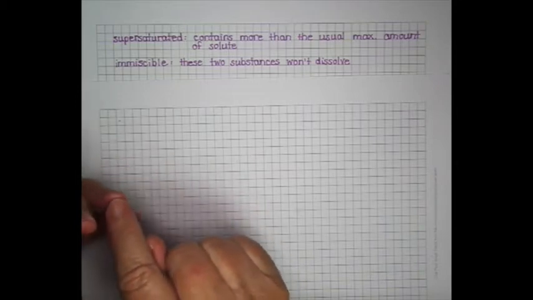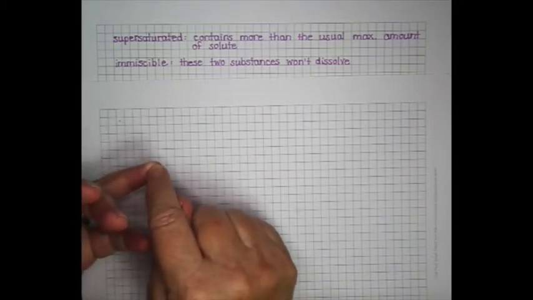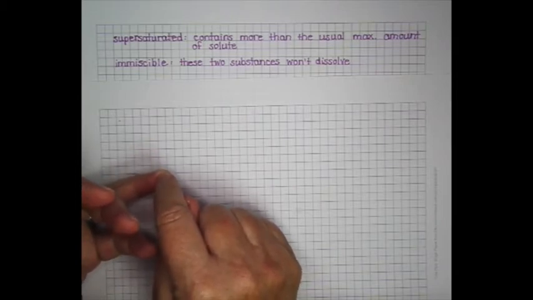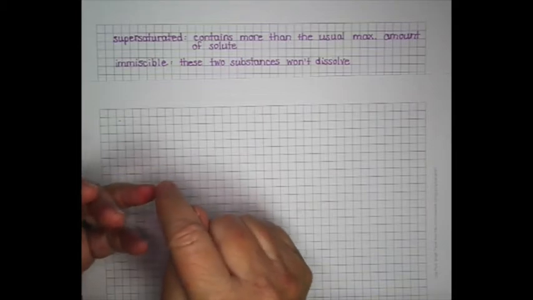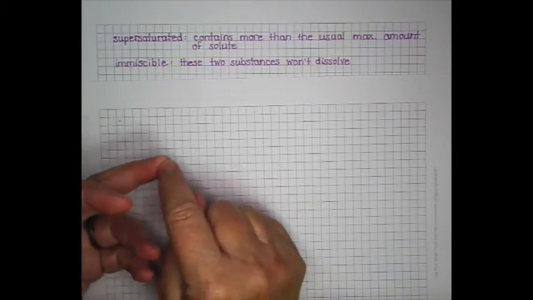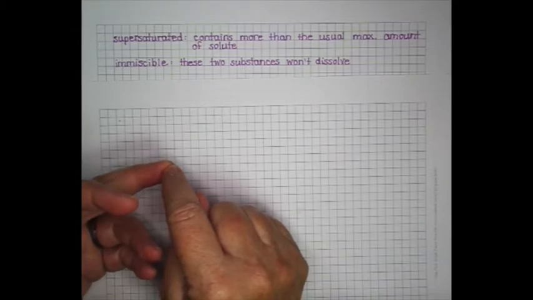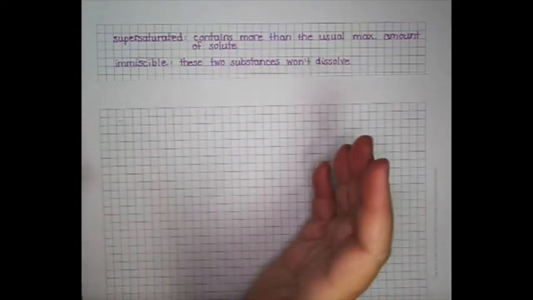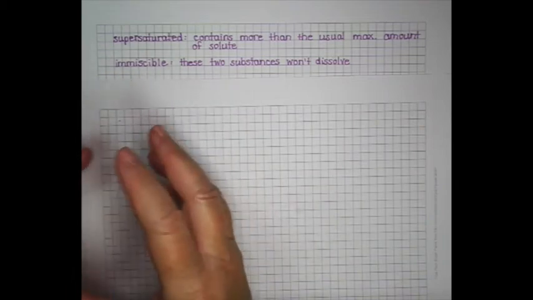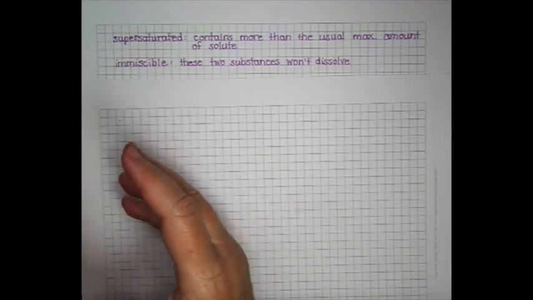They will be held together by hydrogen bonding because we have a hydrogen atom that's attached to nitrogen, oxygen, or fluorine. And so that hydrogen atom is going to be attracted to the lone pair on that nitrogen, oxygen, or fluorine. We're going to have London forces caused by that temporary imbalance of electrons that causes a temporary dipole. So water molecules love other water molecules.